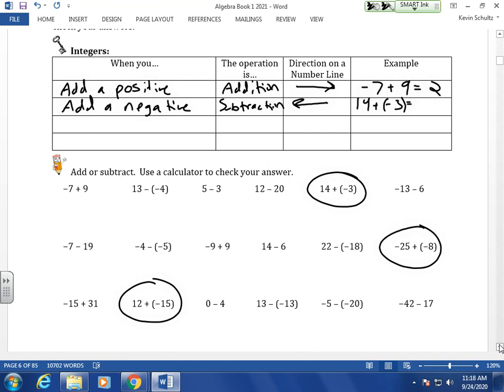And the value of that is 11. Okay? Adding a negative 3 is actually subtraction. So starting at 14, we're going left 3, and we end at 11. Okay?